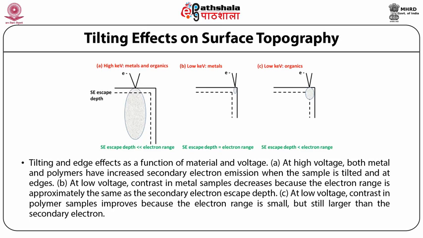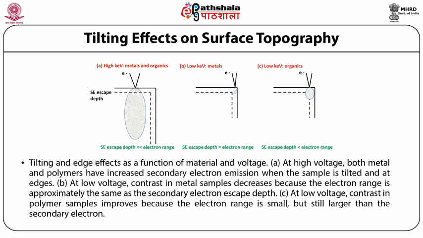In polymers, however, topographic contrast is present and even enhanced at low kiloelectron volt operation. Even at low accelerating voltages, the interaction volume in a polymer is always much larger than the 200 angstrom secondary electron escape depth.